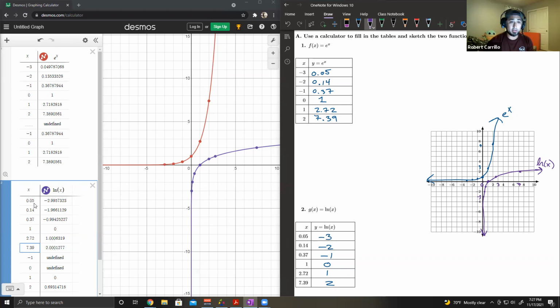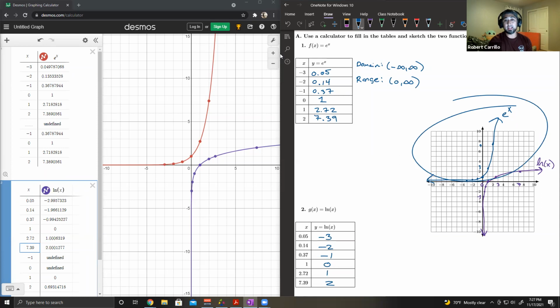Okay, awesome. So first off, let's look at domain and range of e to the x. So remember that this is an exponential function. So the domain of all exponential functions is always -infinity to infinity. The range of all our exponential functions is 0 to infinity.